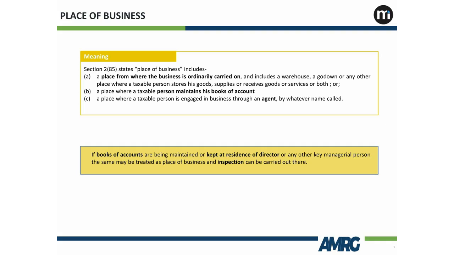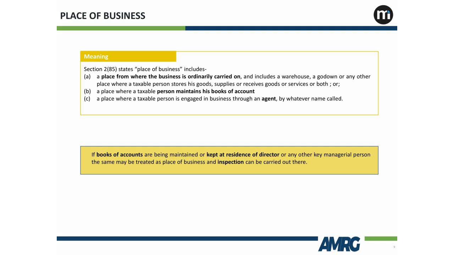Point number two, a place where the taxable person is maintaining books of accounts. If you will note, under the provisions of the Companies Act, you are required to register the premises where the books of accounts of the company are being maintained. In very few cases, what happens is you do not maintain the books of accounts at the registered premises itself.